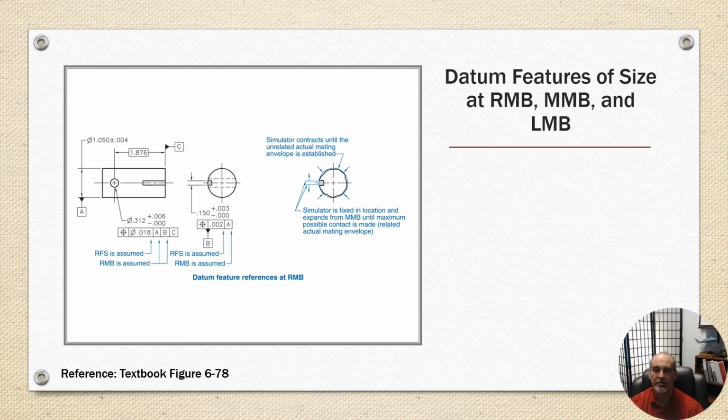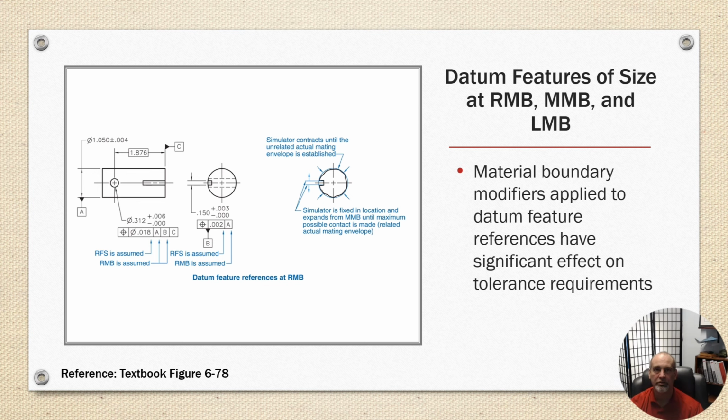Okay, datum features of size at RMB, MMB, and LMB. Material boundary modifiers applied to the datum feature references have a significant effect on the tolerance requirements.